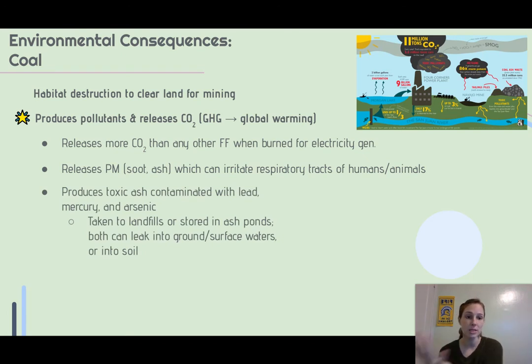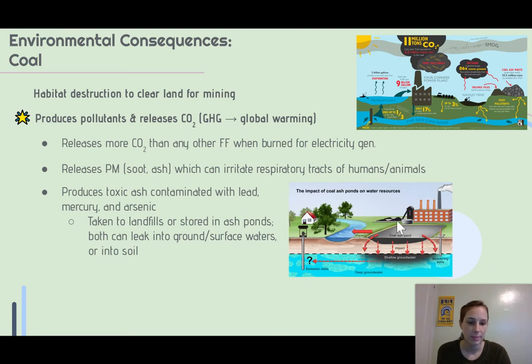This process of fossil fuel combustion produces toxic ash, which is contaminated with lead and mercury and arsenic. Generally, this ash is going to be taken to landfills or stored in ash ponds. However, landfills and these ponds can leak into groundwater, surface water, or into the soil. And lead, mercury, and arsenic are all poisonous.